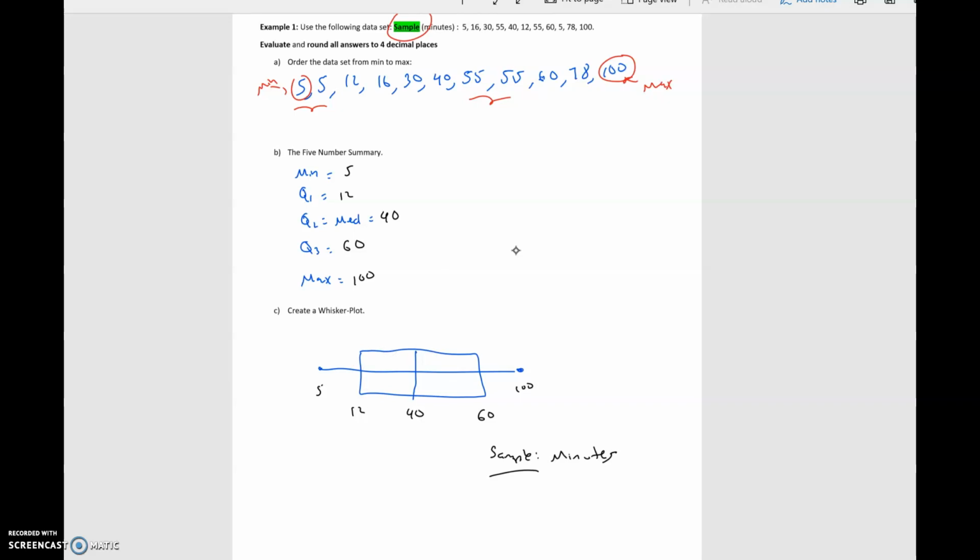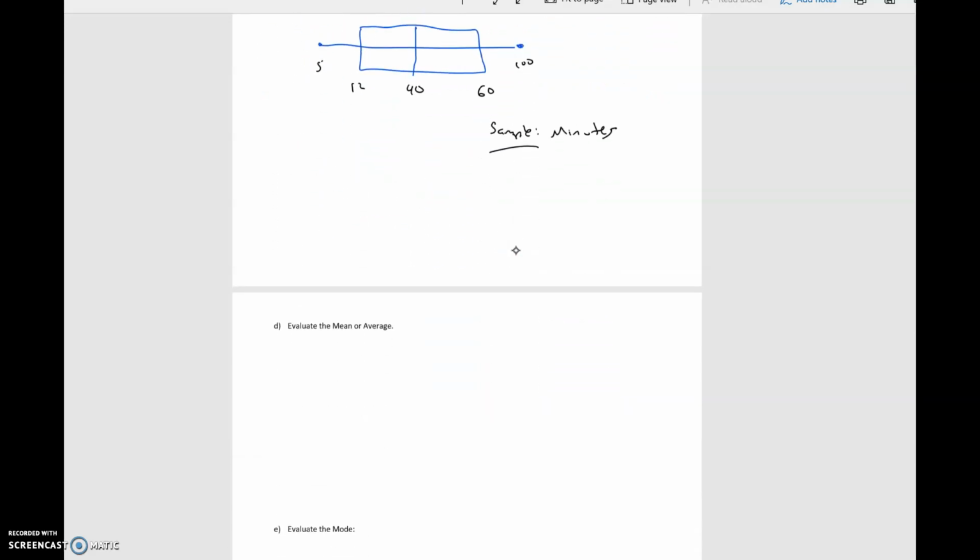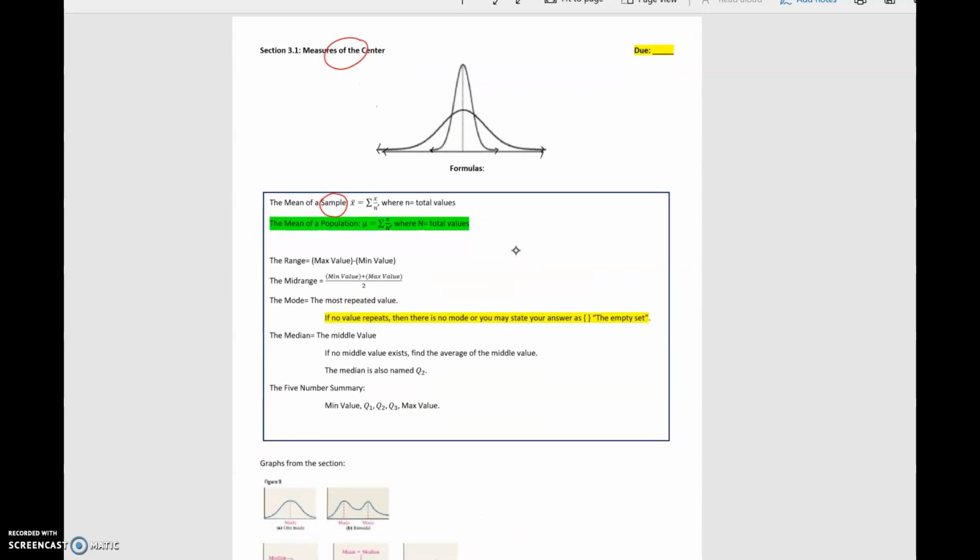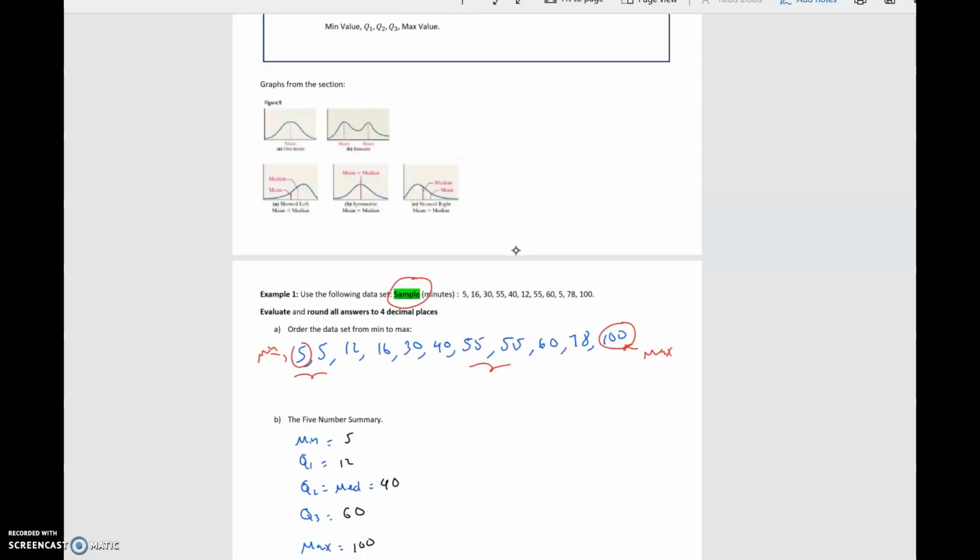I'll show you guys on the next lab how to actually do these with the actual StatCrunch, and all of this is already pre-programmed. Now let's take a look at the following formula. It gets a little bit confusing when we're evaluating formulas. All I want you to do is the shortcut: if you go back to the formula, the mean or the average is x bar if it's a sample, over the sum of the x's divided by n.